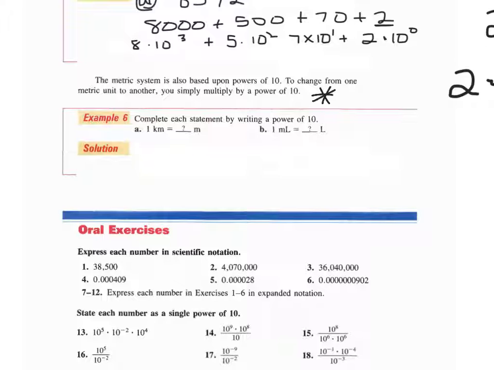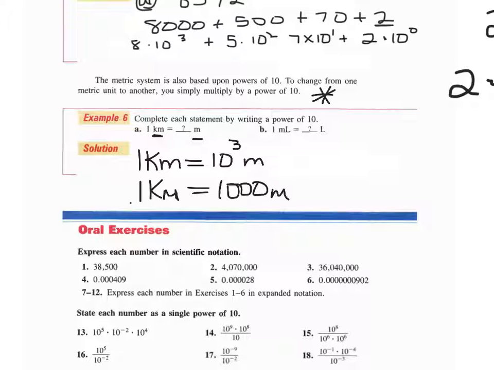So to change from kilometers to meters, I know that there are 1,000 meters in a kilometer, so 1 kilometer is equivalent to 10 to the 3rd meters. Or you could say 1 kilometer equals 1,000 meters.